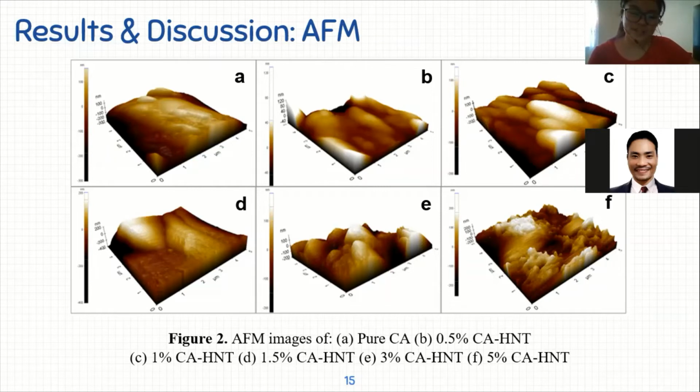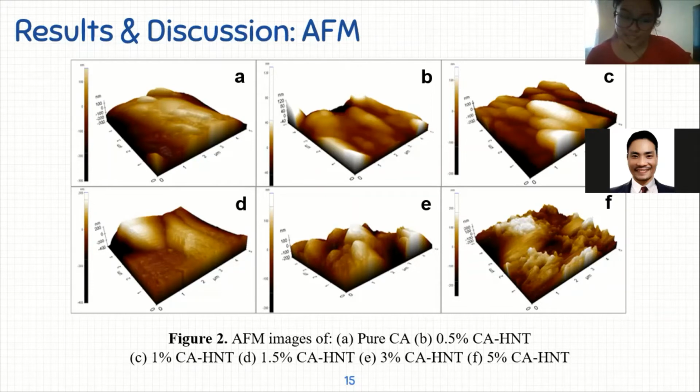But as we increase the concentration to 1.5% HNT, in figure D, the frequency of peaks and valleys, which was supposed to be high from sample C, actually decreases in sample D. There are fewer peaks, there are fewer valleys.